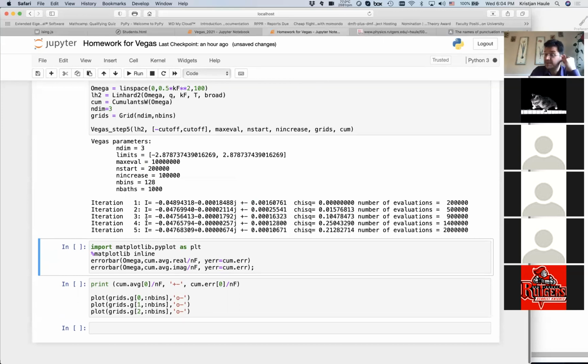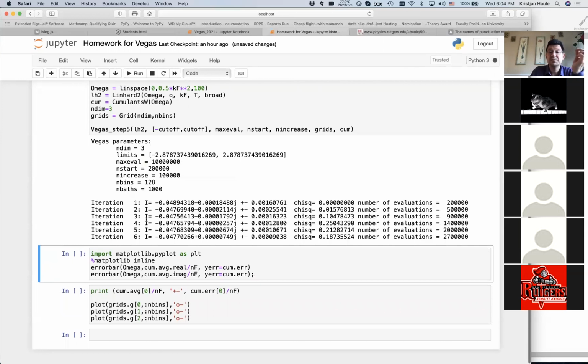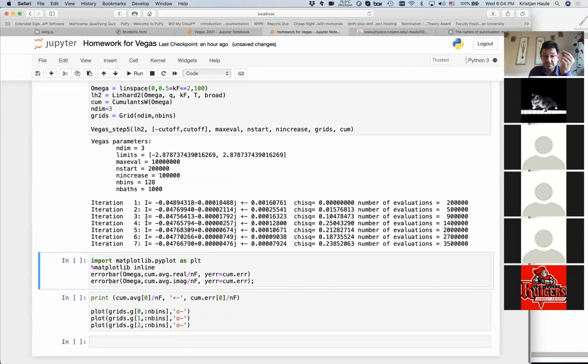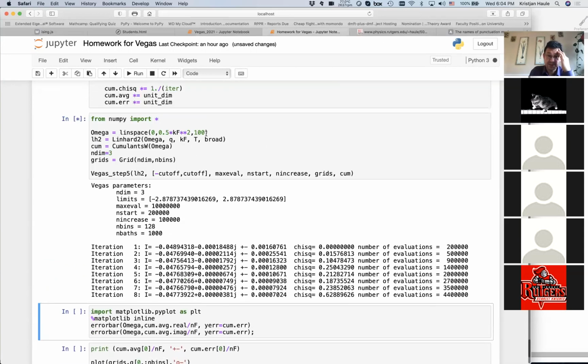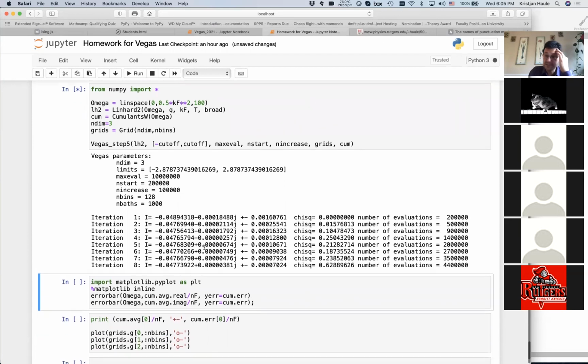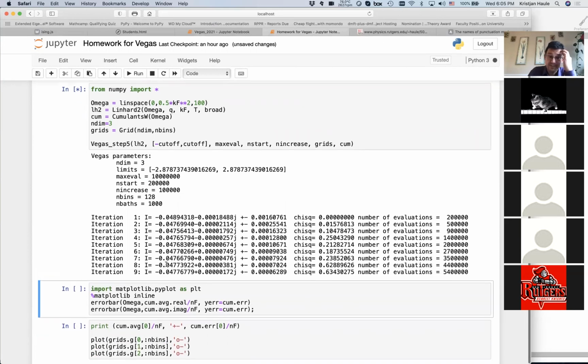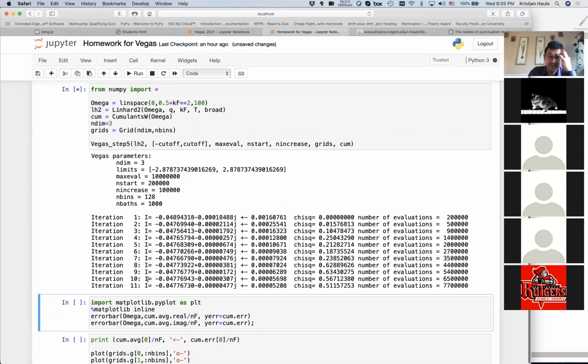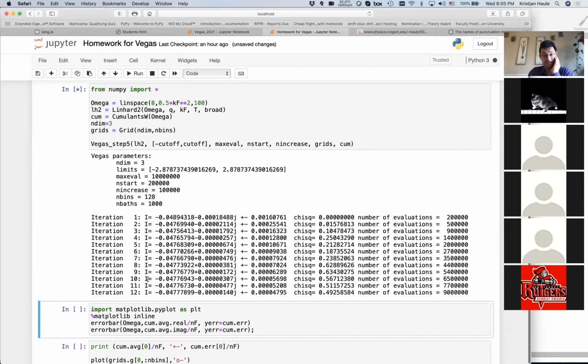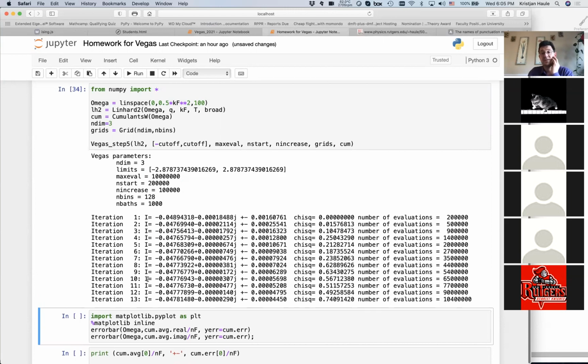Compare the speed with which we were doing 1 point to the speed with which we are doing 100 points, where frequency is now a linear mesh with 100 points. You see that this is not 100 times slower, but maybe a factor of 2 slower. It's actually pretty fast.